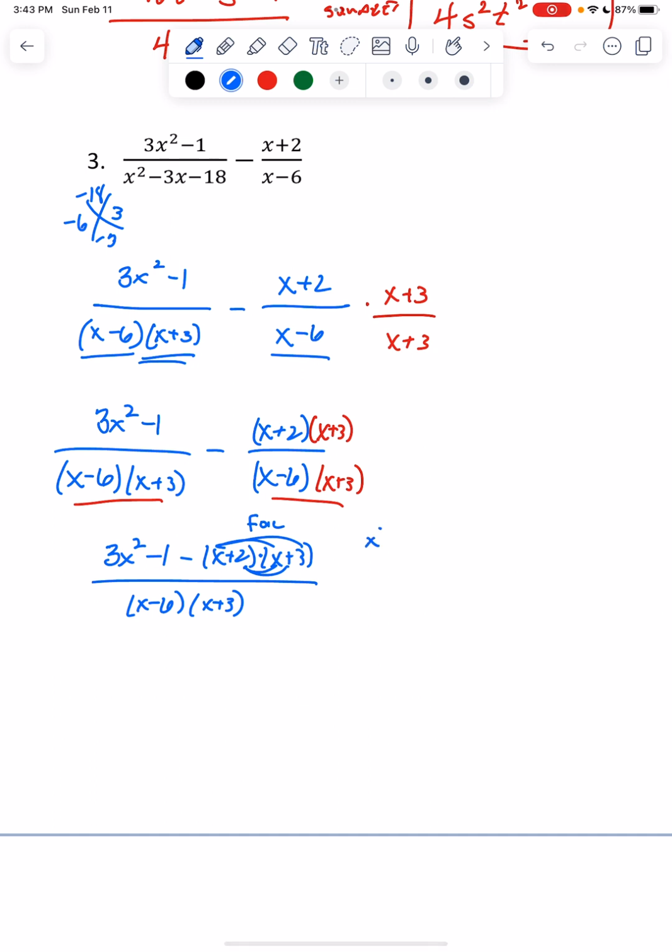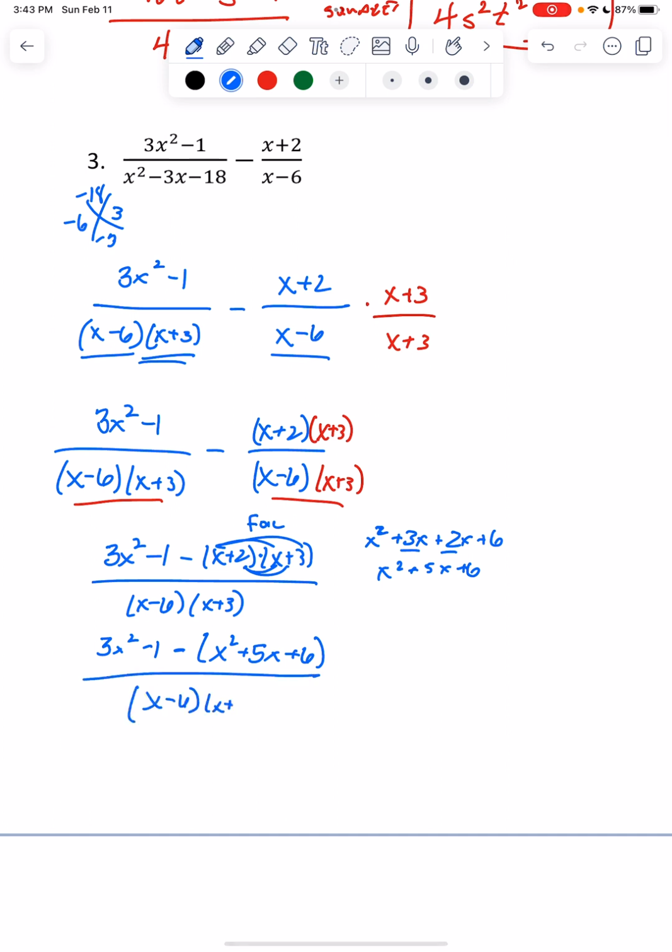We would go x times x, x times 3, 2 times x, and then 2 times 3. So combine those. So when we multiply, we get x squared plus 5x plus 6. So the numerator minus, right? There's still parentheses there because we haven't distributed that negative sign yet. Okay? Over x minus 6, x plus 3.